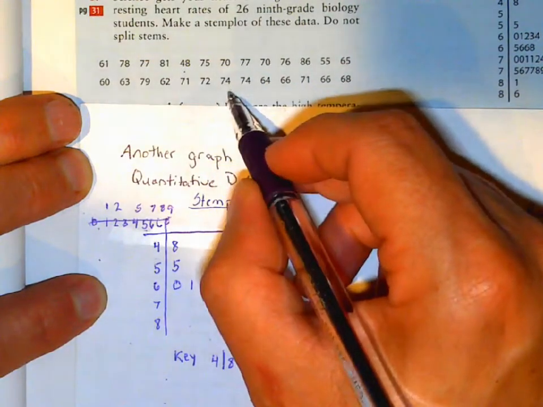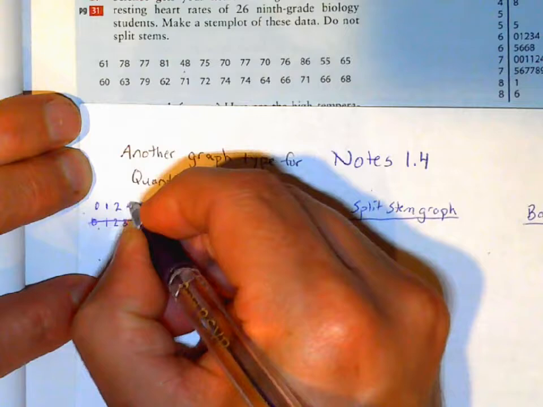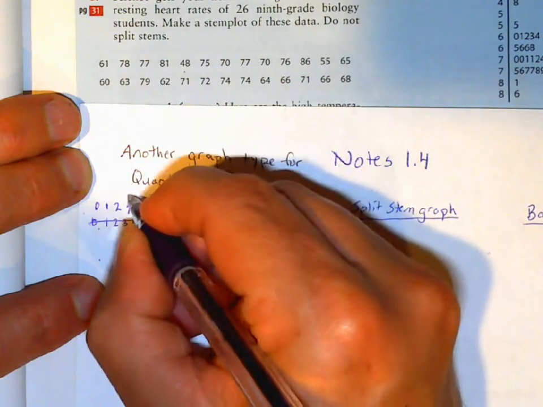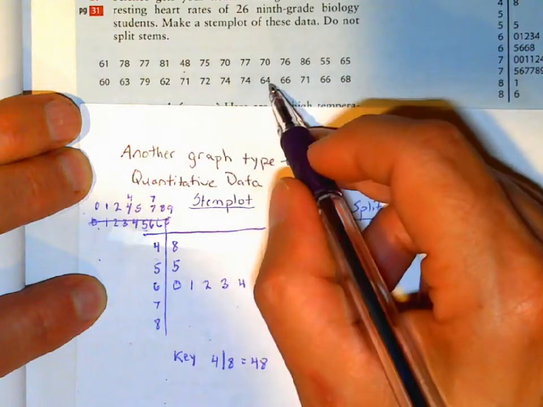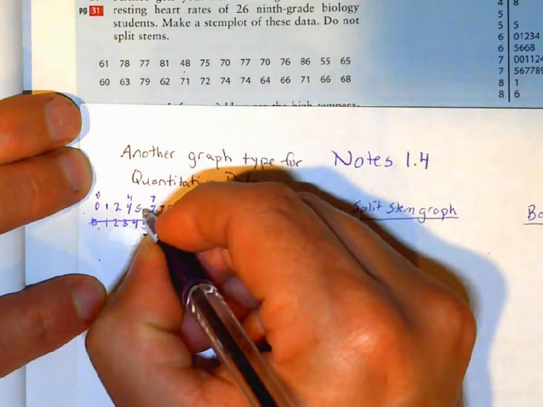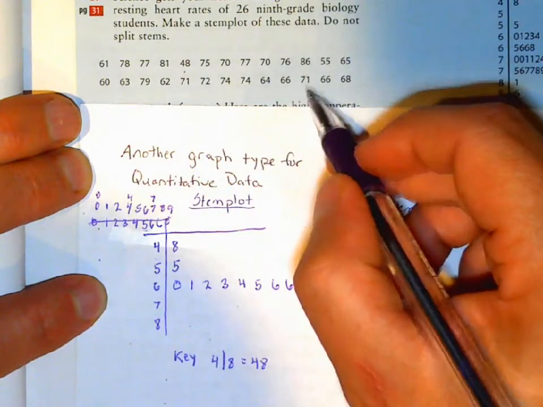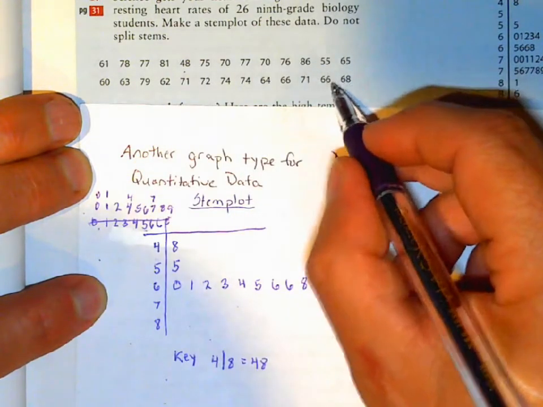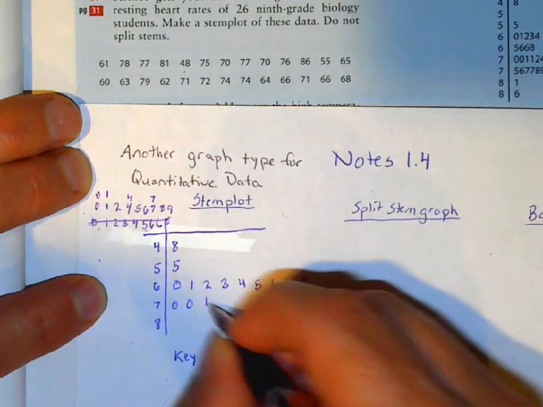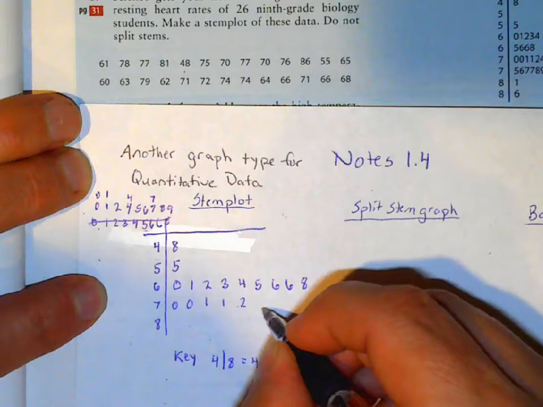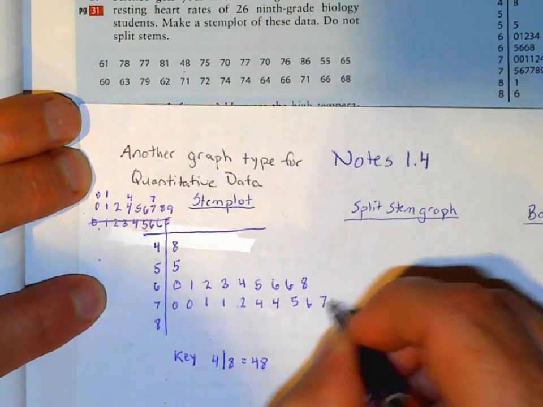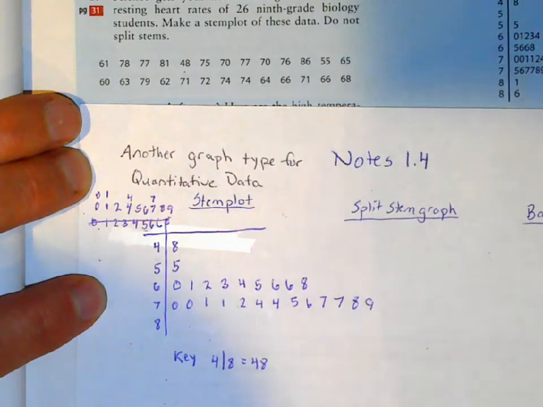A 70, a 74. 77, 74, so there's another 77, another 74. 70, another 70. 76. 71. Okay, so these are all my 70s there. So I have two 70s, two 71s, a 72, two 74s, 75, 76, two 77s, 78, and 79.